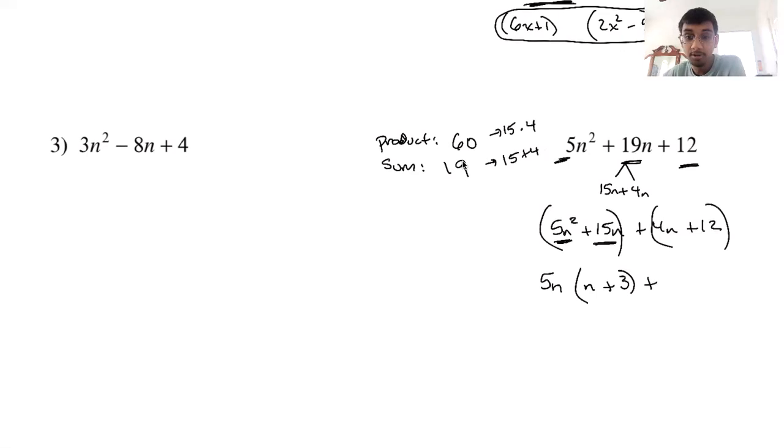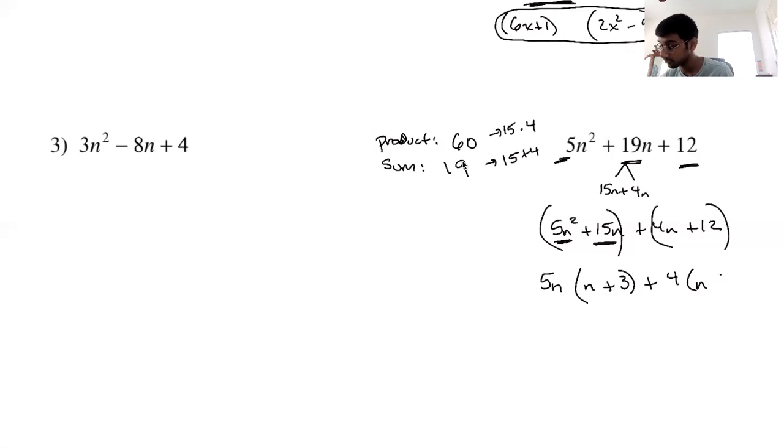And then for this parentheses, we also have to think, what are the common factors between 4n and 12? I would think eventually, how about 4, right? Because nothing else could go in past 4. So it'd be 4 on the outside of the parentheses times n, because 4n divided by 4 is just n. And then 12 divided by 4 would be 3.